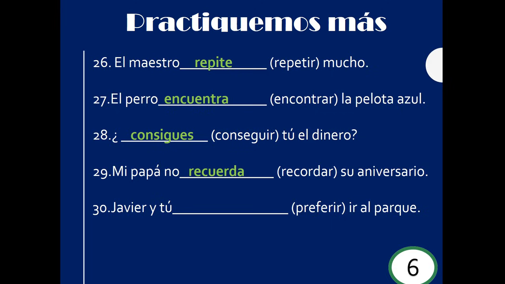That's not good. Y 30. Javier y tú. Now it can be two. Prefieran or preferís ir al parque. It depends. So Javier and you guys prefer, which would have been prefieran. Or Javier y tú, y'all prefer, which would be preferís ir al parque.